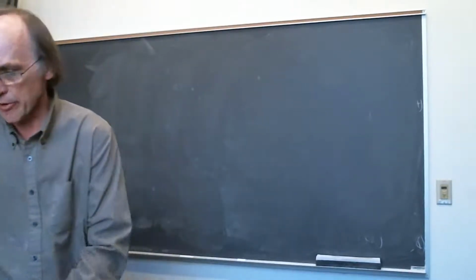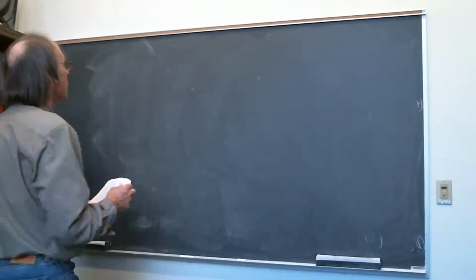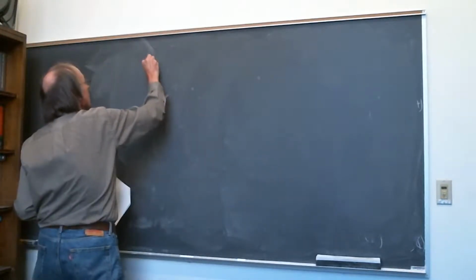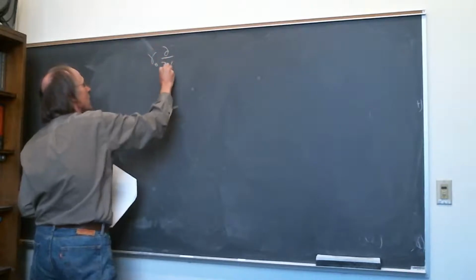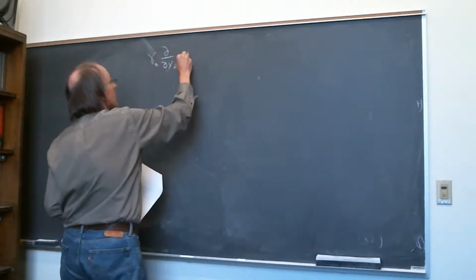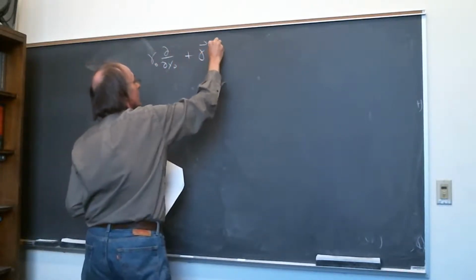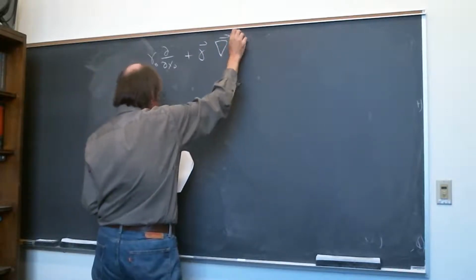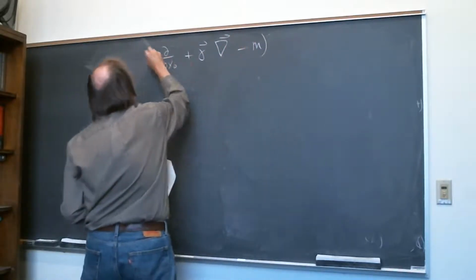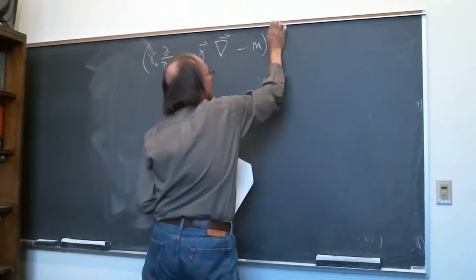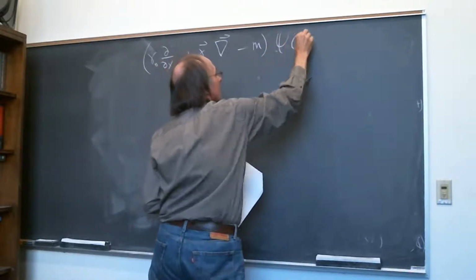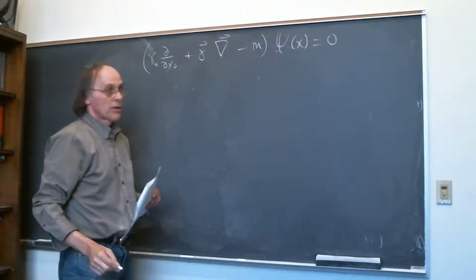So you have gamma 0 d/dx0 plus, let's call it, gamma vector dot gradient, minus m, acting on psi, equal to 0.